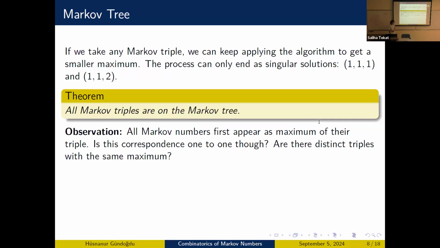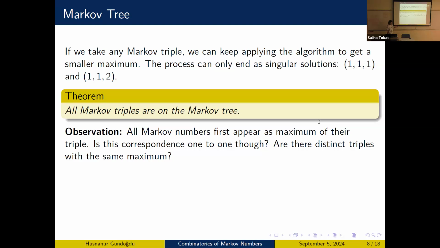And apply the algorithm again for the Markov triple. We know that every new triple has a maximum number, and that number appears as the maximum of this triple.